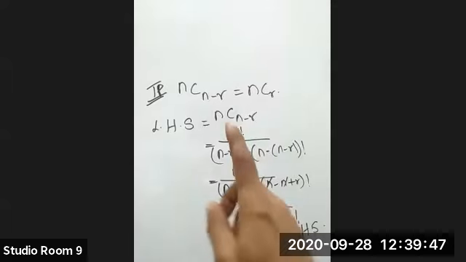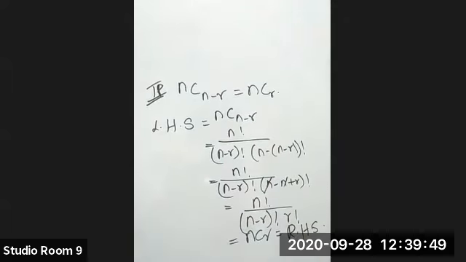For proving that, we start from the LHS, NC n minus r. By definition, it is n factorial by r factorial into n minus r factorial. So n minus of n minus r factorial.